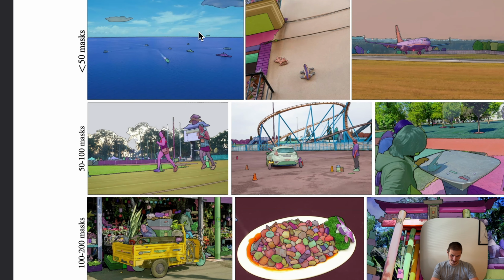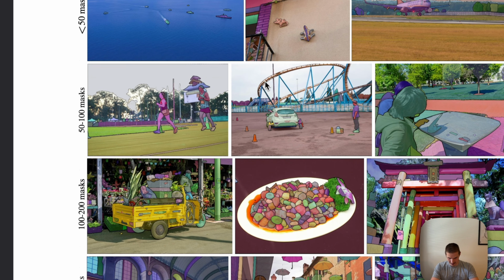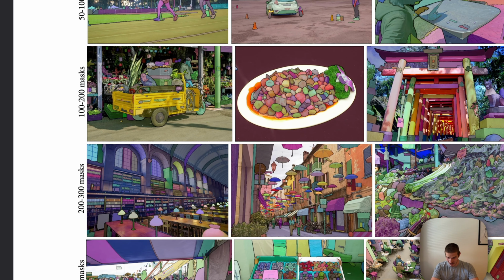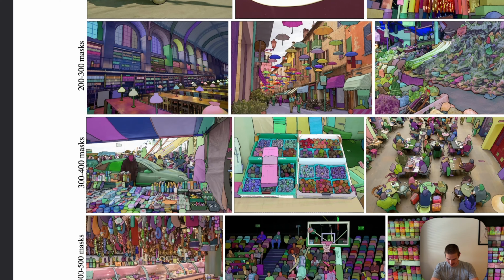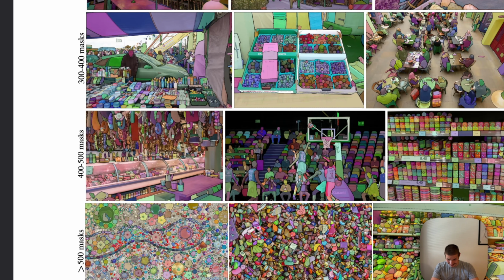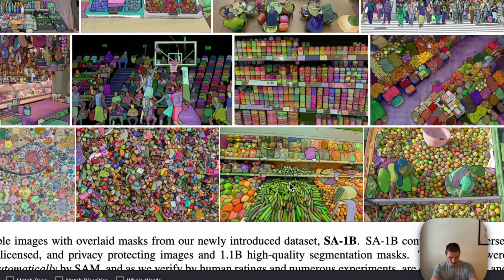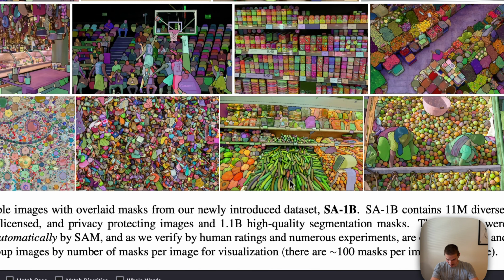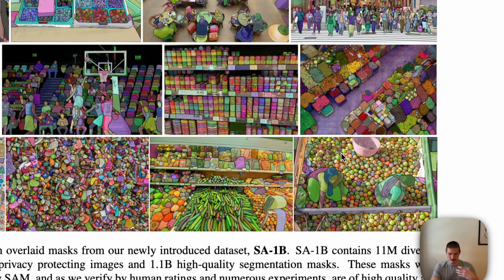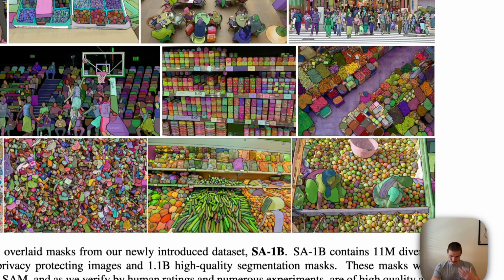We can see that some of them are fine, they have a bunch of objects. And then on some of them, there are literally hundreds, thousands of objects, and all of them are annotated. All of them have the actual predictions. All of the predictions seem to be quite on point, so they're of high quality. And this is what we talk about when we talk about quality and diversity of the data.